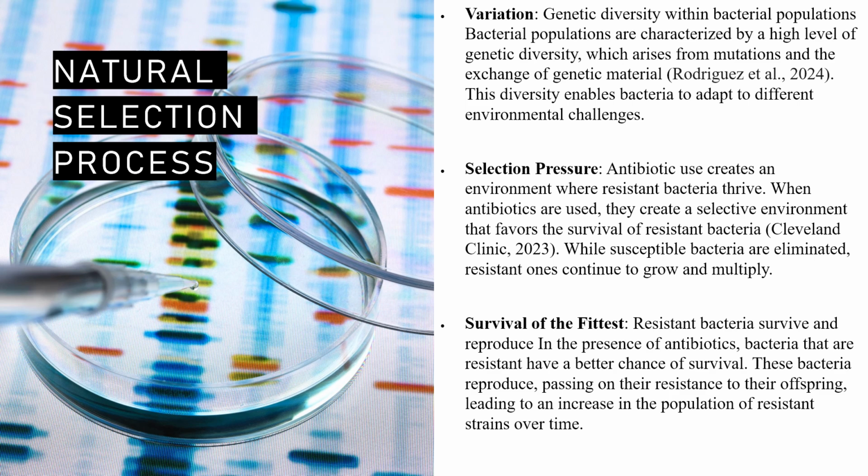Resistant bacteria survive and reproduce in the presence of antibiotics. Bacteria that have resistance are better suited to survive. Then these resistant bacteria reproduce and pass on their resistance genes to the offspring.